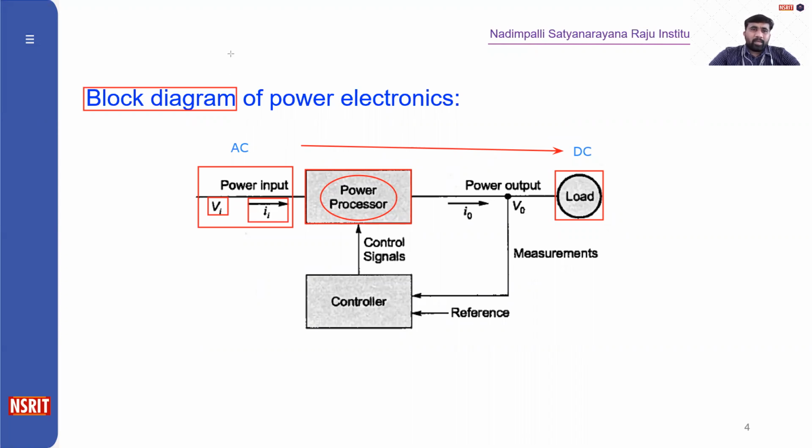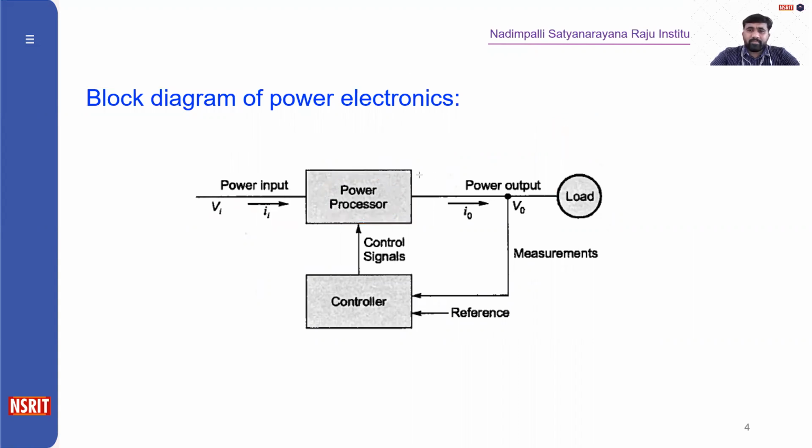Vice versa is also applicable. If you have a DC supply voltage here and you have an AC load, then you cannot give DC to the AC load. Then again, this power processor or power electronic modulator will convert this DC into AC. So this is the purpose of the power processor.